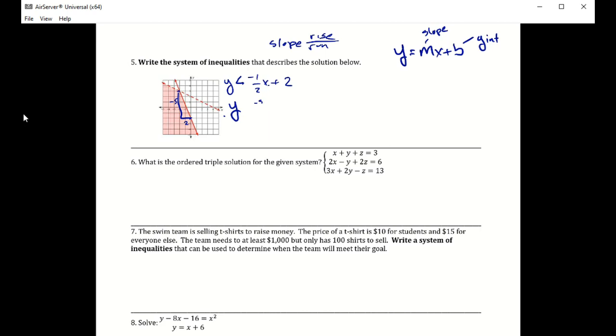So we have negative 5 over 2x minus 2, because our y-intercept is negative 2. And again, we're going to put in zeros for x and y. And in this case, 0 is greater than or equal to negative 2. So there we go. And there's our two equations.